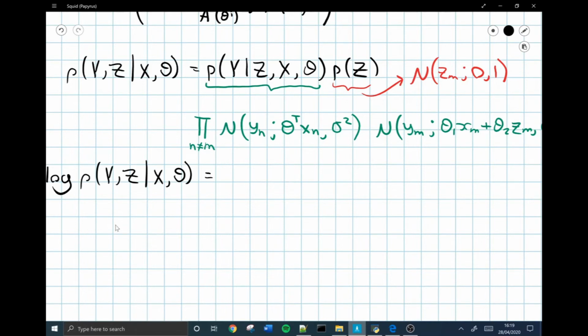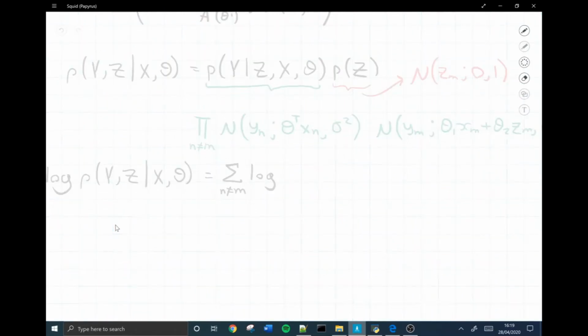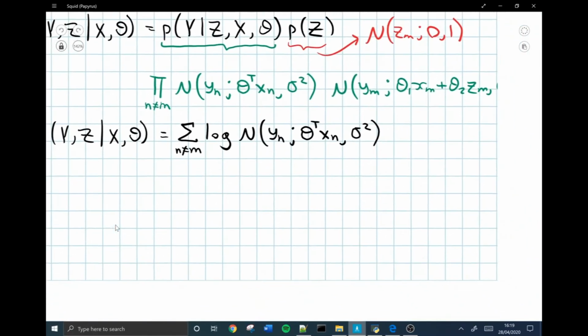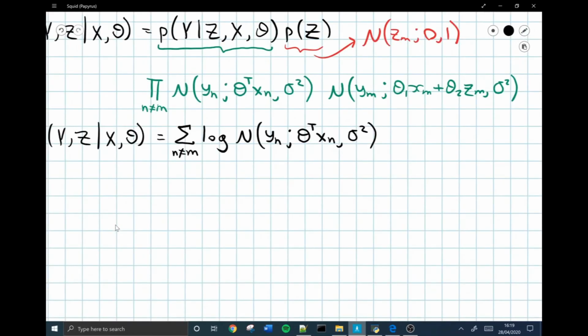That's a product. So when we take the logarithm, we'll end up with a summation. So it's a summation where n is not equal to m of the logarithm of this. And then I'll write it underneath.